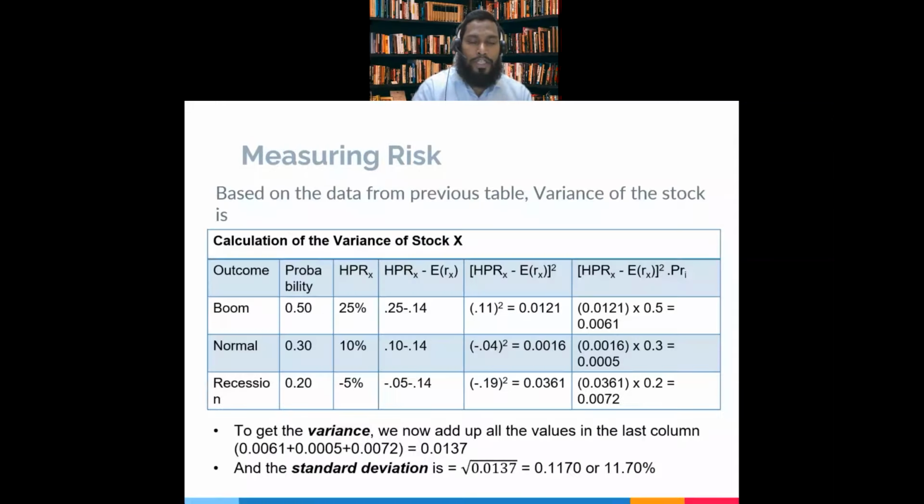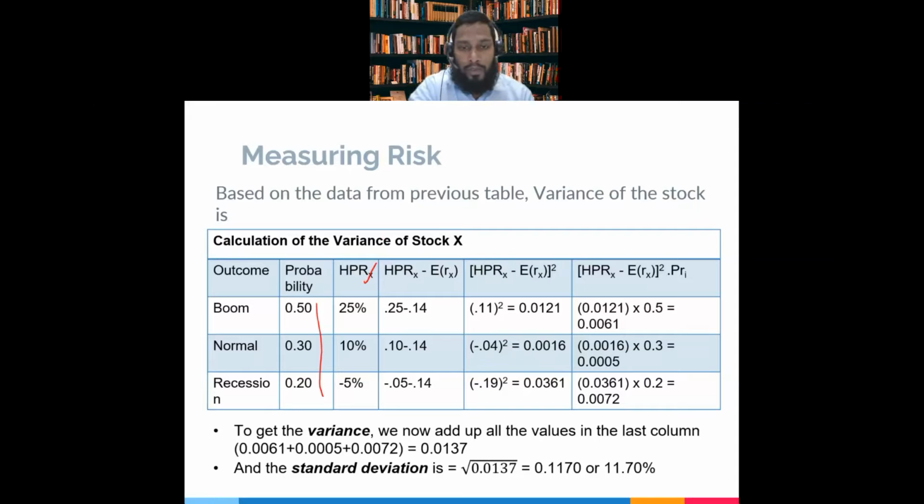That probability will be given based on our observation. So based on this, if we take the data from the table previously, in three scenarios, boom, normal, and recession, this is the probability as we got, and then the holding period return in these three scenarios.